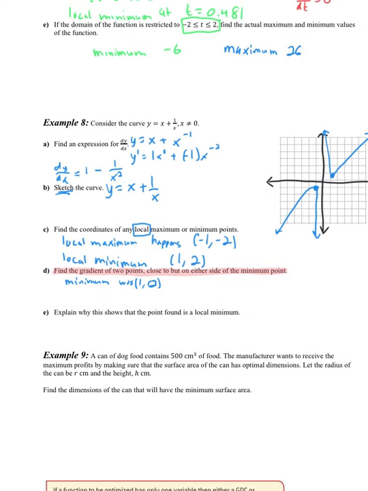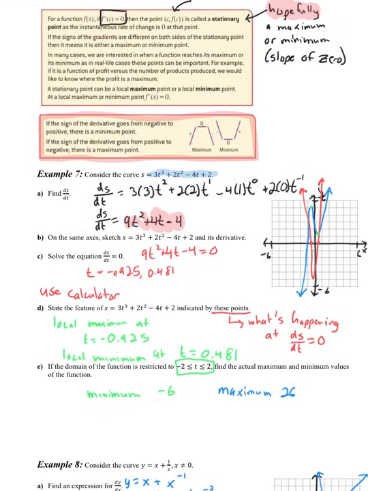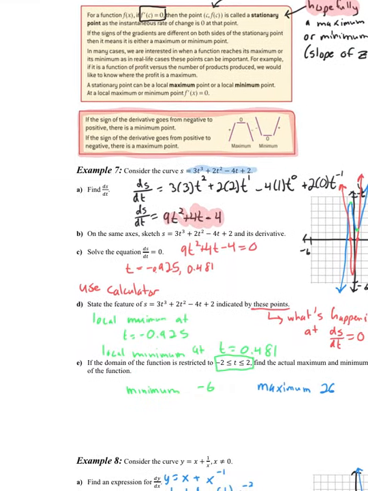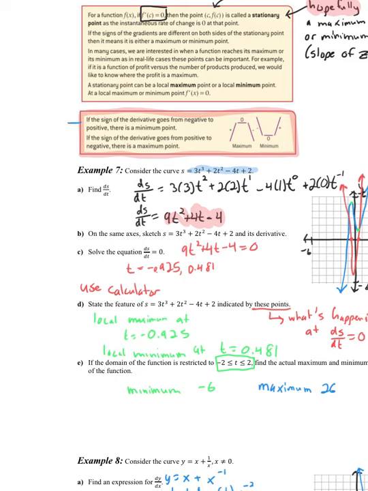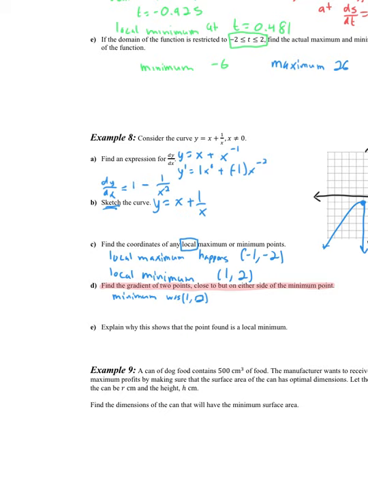So we can tell, hey, that's clearly a minimum on the graph. The way we prove it comes back up to our notes here. It says, if the sign of the derivative goes from negative to positive, there is a minimum point. So we're looking at the slope, the y values of the derivatives. And we pick points that are really close to 1, 2.